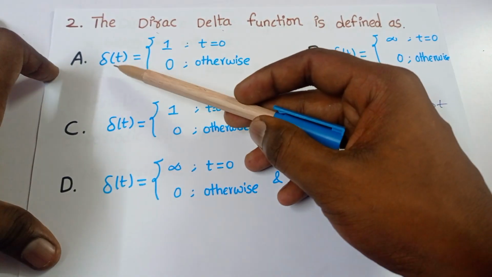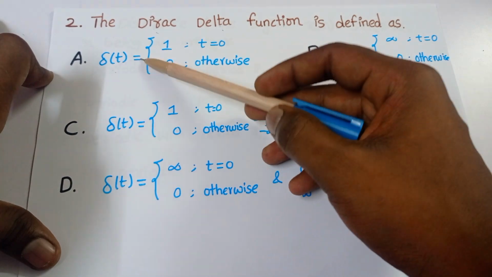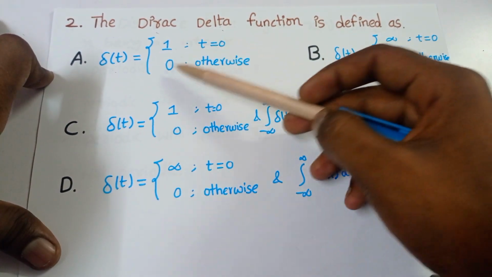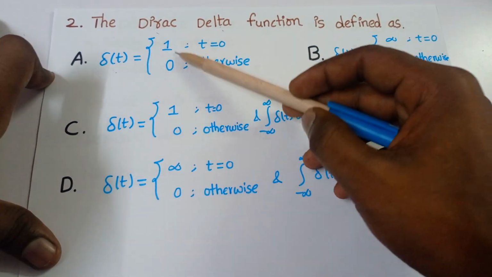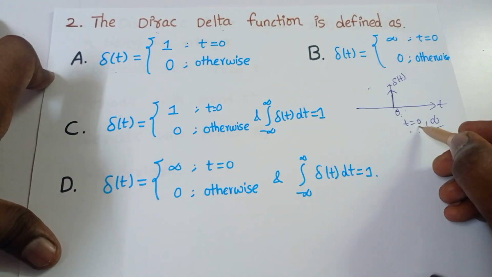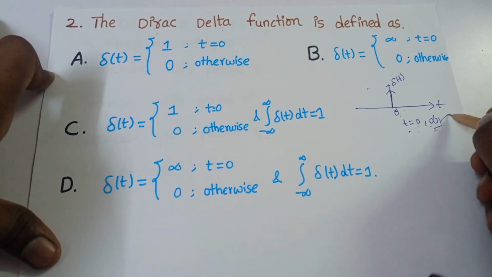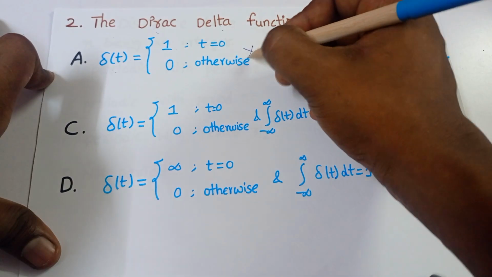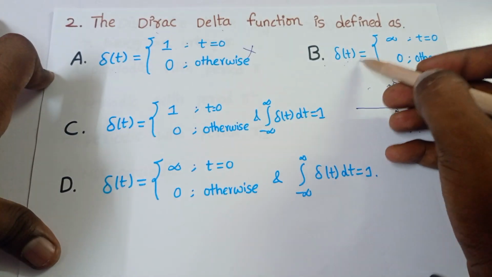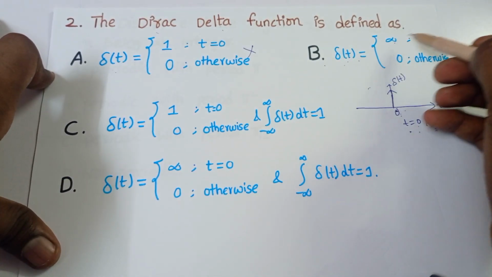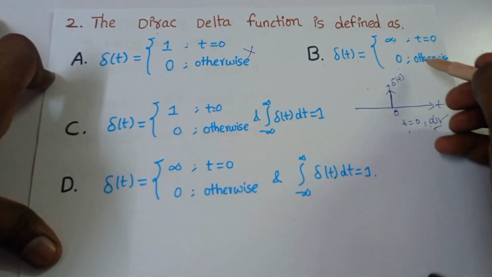Here observe, in A, del of t is equal to 1 when t equal to 0, 0 otherwise. It's wrong, because at t equal to 0 we have amplitude as infinity. And the next one is del of t is equal to infinity when t equal to 0, 0 otherwise.